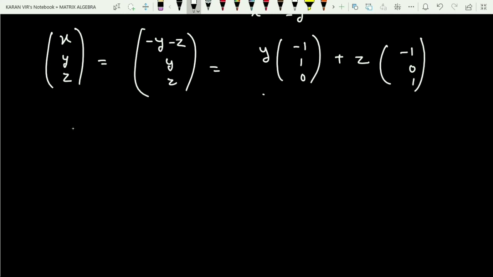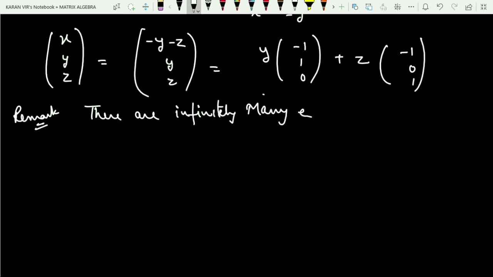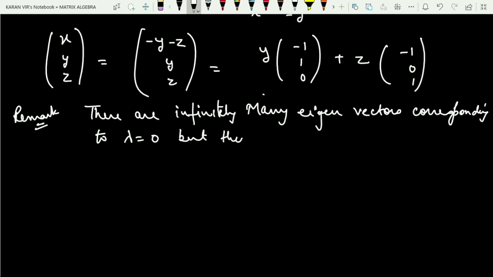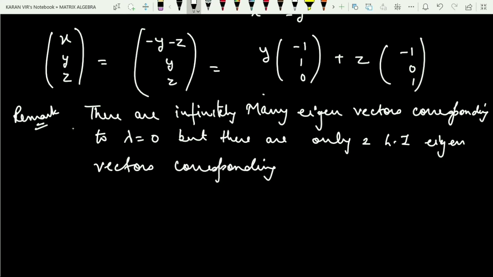So let me write a remark here. Remark: there are infinitely many eigenvectors corresponding to lambda equals 0, but there are only two linearly independent eigenvectors corresponding to lambda equals 0, and these vectors which are linearly independent, you can see these two are linearly independent vectors.